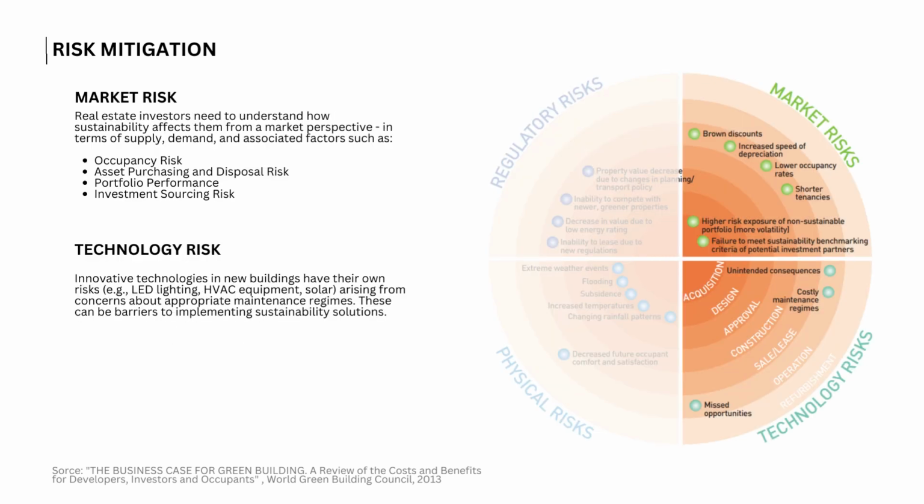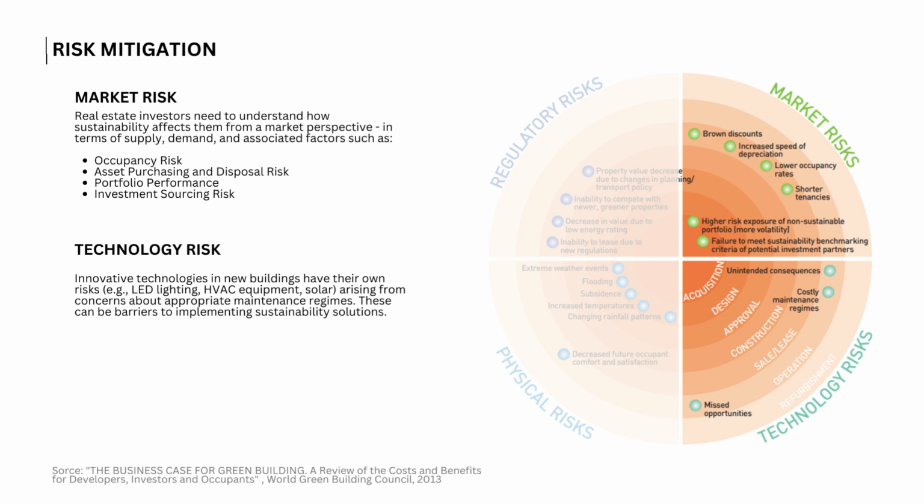Market risks: as well as responding to regulatory pressure, real estate investors simultaneously need to understand how sustainability affects them from a market perspective in terms of supply, demand, and other factors such as occupancy risk, asset purchasing and disposal risk, portfolio performance, and investment sourcing risks. And the last one is technology risk.